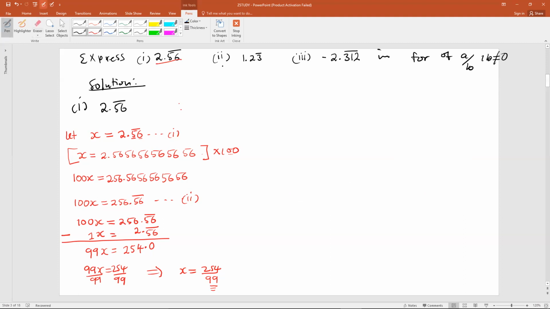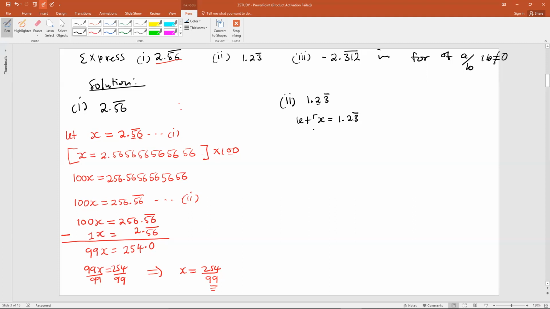Take note, after the point, so the second one is like this, 1.23 bar. After the point, that's where we have the repeating number here. But here, there is a number before that. So when you say let x be equal to 1.23 bar, don't call that equation 1 because there is a number here. Make sure that the point moves just right before the repeating number.